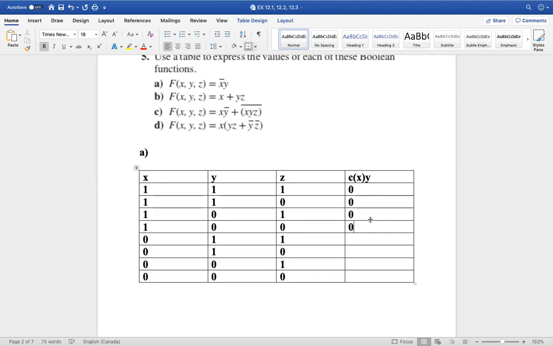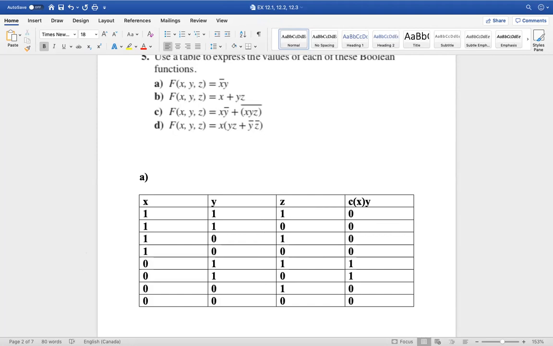Again 0, 0. Then 0 complement becomes 1, and 1 dot 1 is 1. Same thing: 0 complement is 1, and 1 dot 0 is 0. This is for part A.